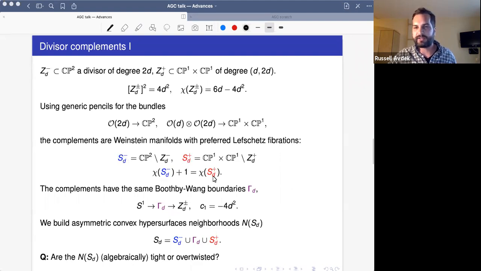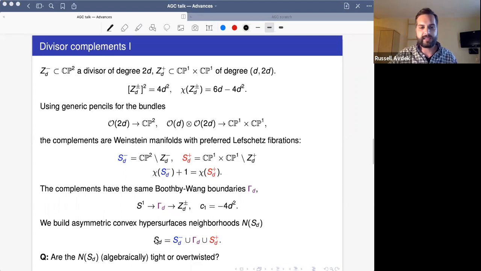And the Euler characteristics of these are clearly different, but they have the same Boothby-Wang bundle structures on their boundary. And so those are circle bundles over these Riemann surfaces with Chern number minus 4d squared. And so what we can do is we can take these 4-manifolds and build an asymmetric convex hypersurface out of these two pieces, being that they have the same boundary.